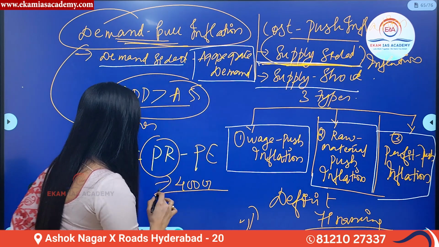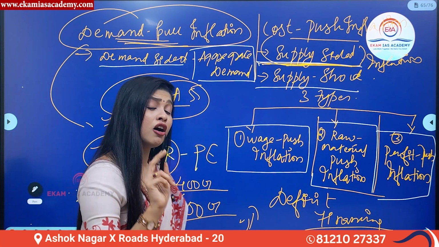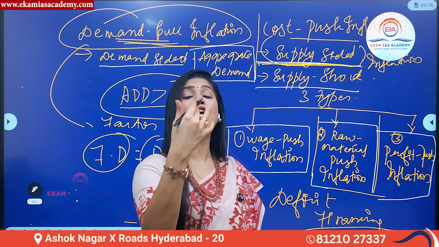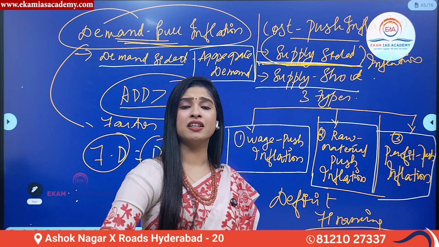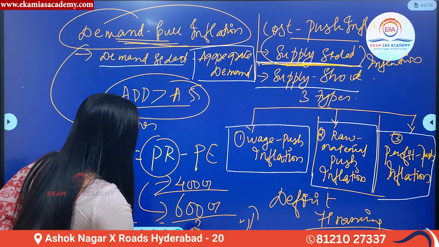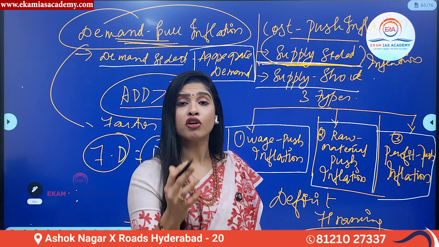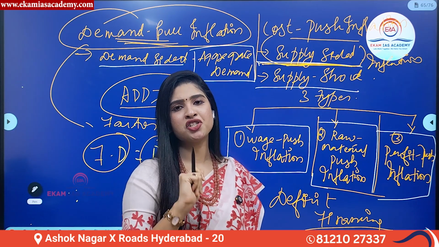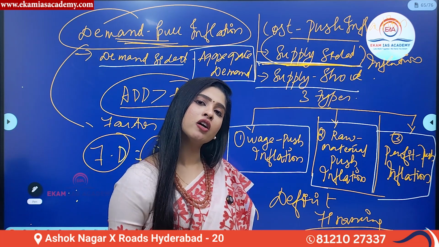But the government requires 600 crore for carrying forward the public or government expenditure activity, like investing in education, healthcare sector, infrastructure sector, etc. What is the gap? The gap is 200 crore. They need an extra 200 crore to carry forward the expenditure activity.